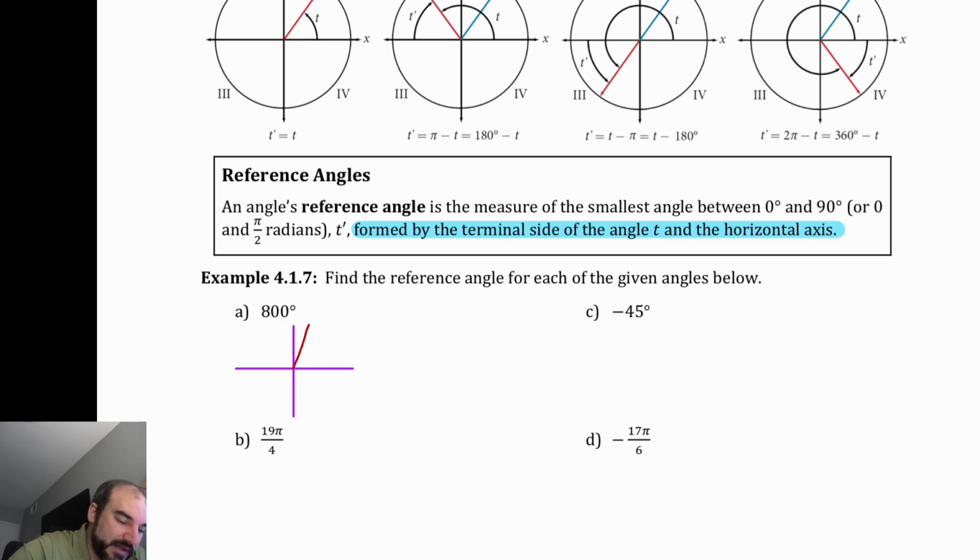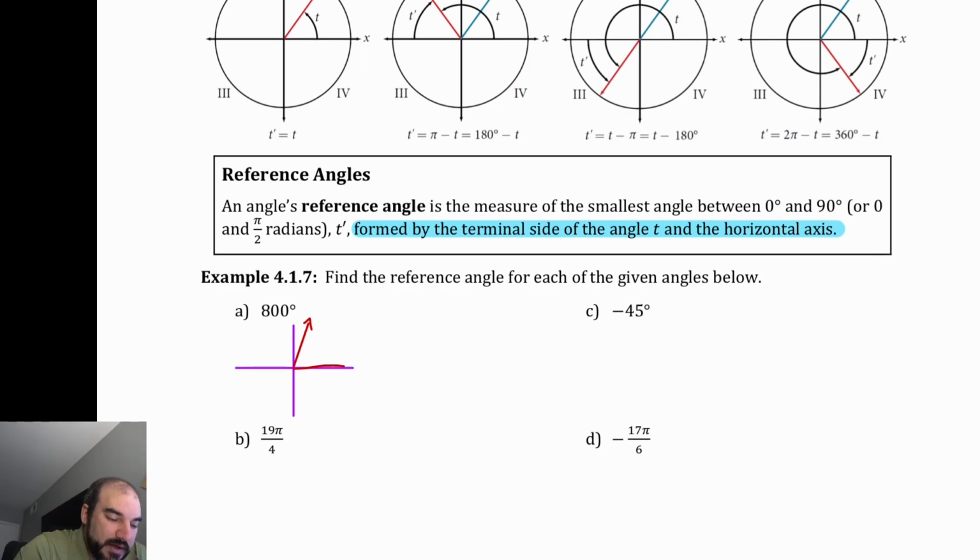If my terminal side is here, then my reference angle is going to be the acute angle formed by that terminal side and the x-axis. So that would be the acute angle. What's the measure of this angle? 80 degrees, yeah. We found that 800 lands at the same place as 80, so this must be an 80 degree angle. So the reference angle is going to be 80 degrees for that one.